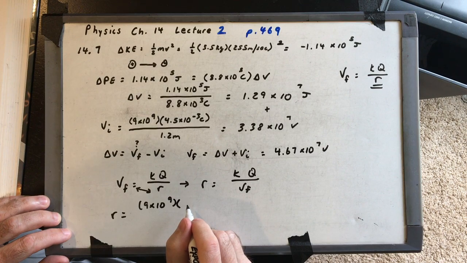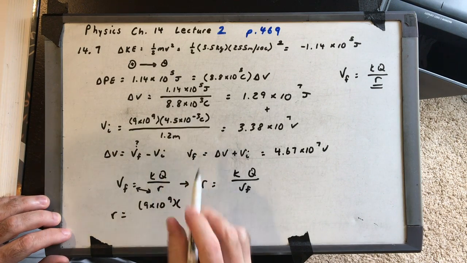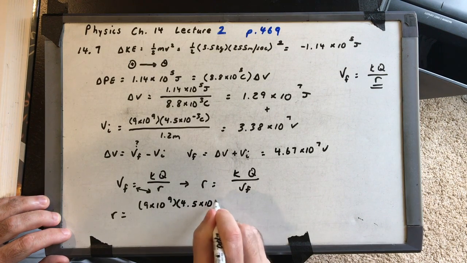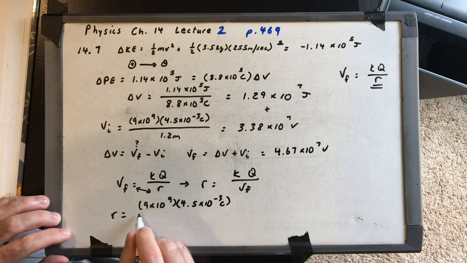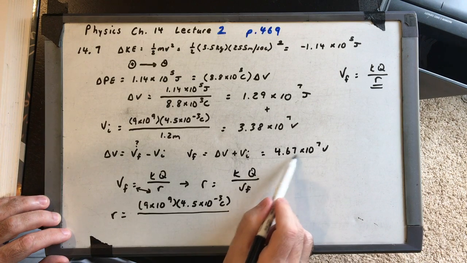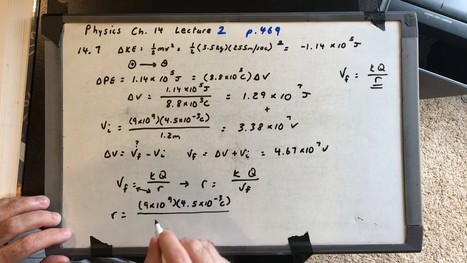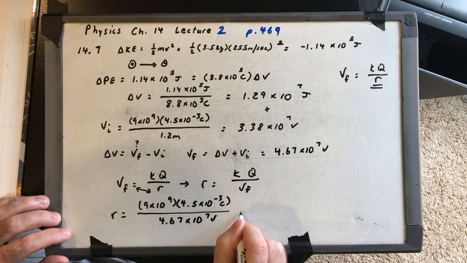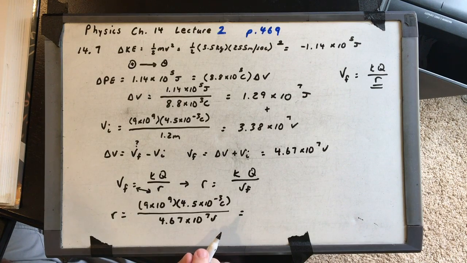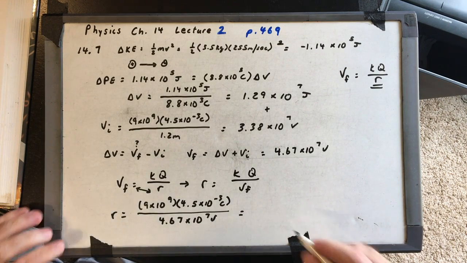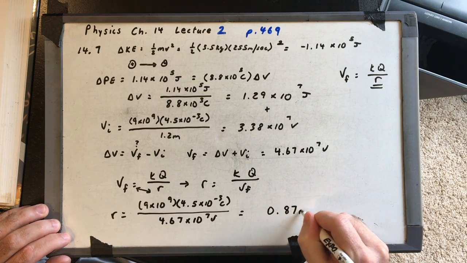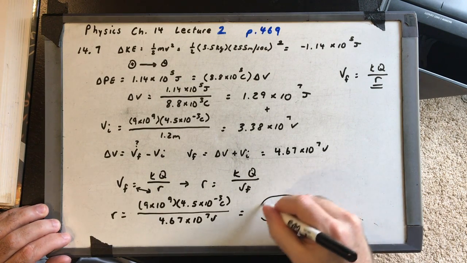Big Q is right up here, 4.5 times 10 to the minus 3. And our final voltage right here, we just calculated that as 4.67 times 10 to the 7th volts. All right, that was a lot of work, but we get 0.87 meters.